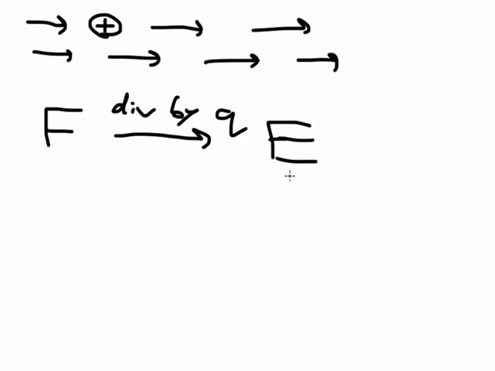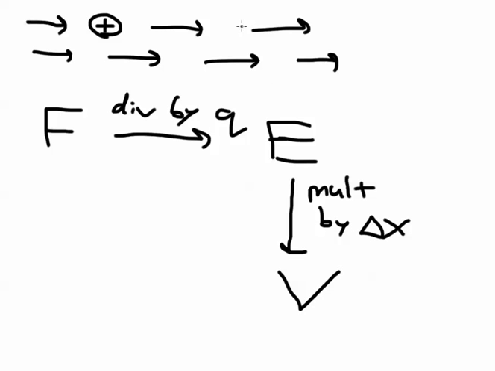Then we know that the electric field, when we multiply it by delta X, we get the electric potential. So if these are two contours, then the distance between them is delta X, and there's some delta V, some change in potential between these two contours, and the electric field times delta X will equal the change in potential across these contours.